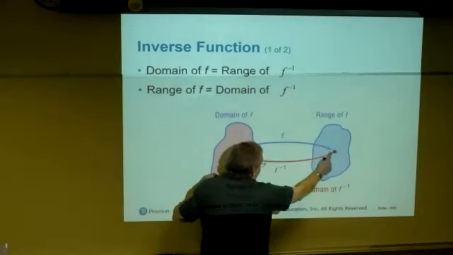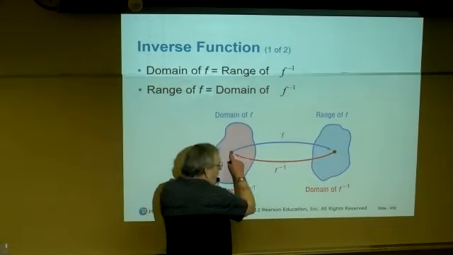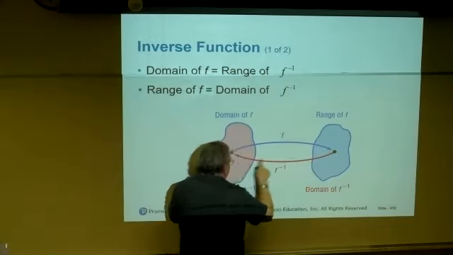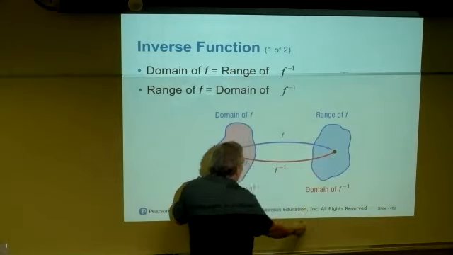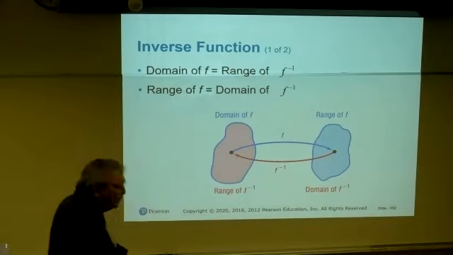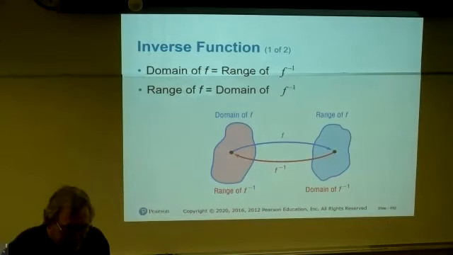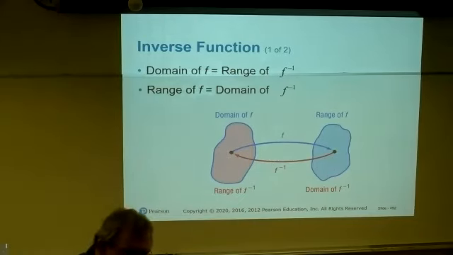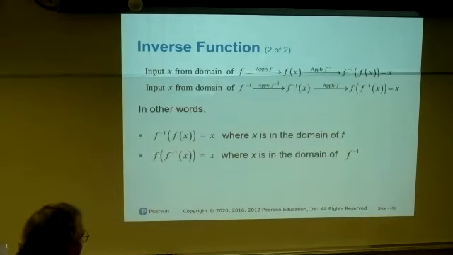I go over here and then I come back again. I come over here and then I go back again. I wind up at the same value I started at. Because of the nature of inverse functions, that's what happens, which is very helpful in other things that inverse functions tell us.